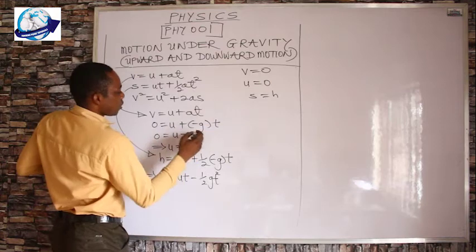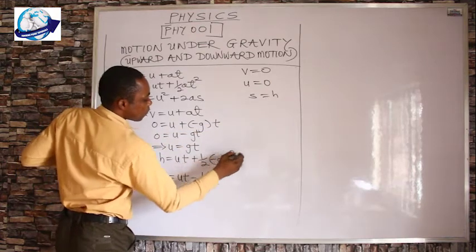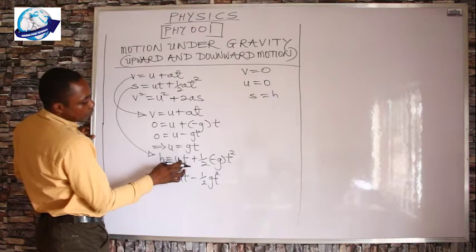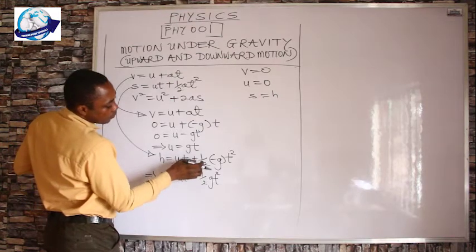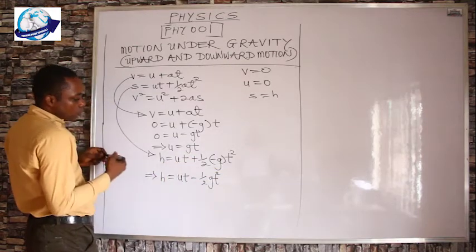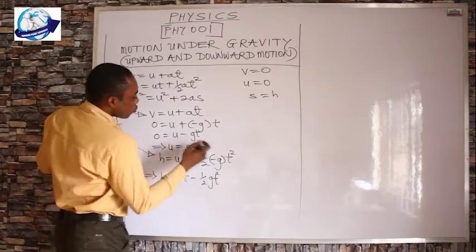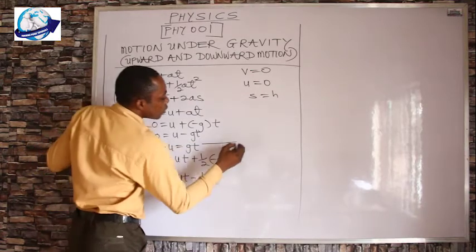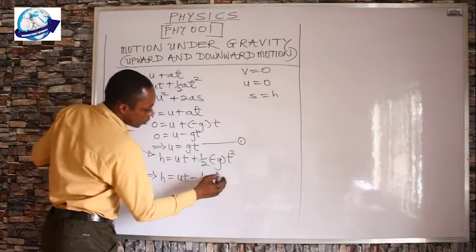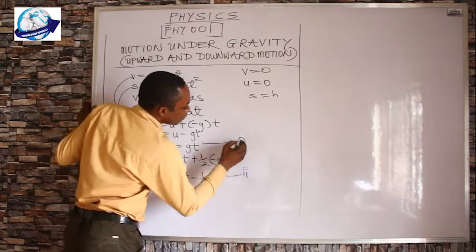This is half gt squared. So h is equal to ut plus half, then minus g, then t squared. You can call this one equation I. You call this one equation II.